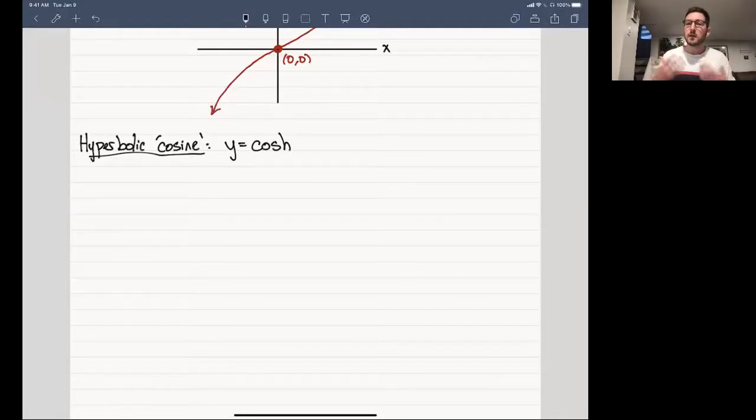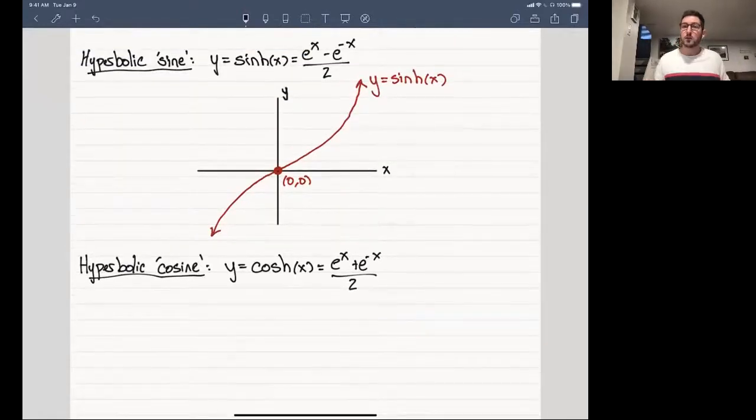We pronounce this cosh of x. So again, we're emphasizing the h for hyperbolic here. And this is just a short form for a regular exponential function that looks like this. So e to the x plus e to the minus x over 2. Look at the difference between these functions. Really, the only difference is the minus or a plus in the middle of these two exponential terms.